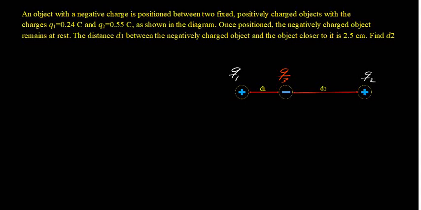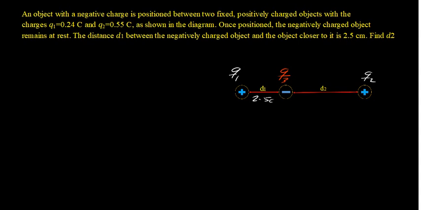The distance d1 between the negatively charged object and the object closer to it is 2.5 centimeter. Now we are trying to find how far Q2 is from the negative charge Q3.